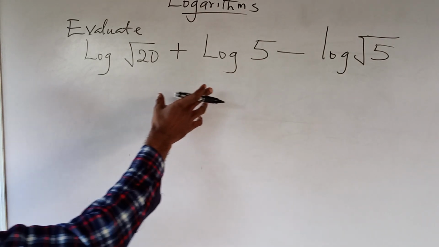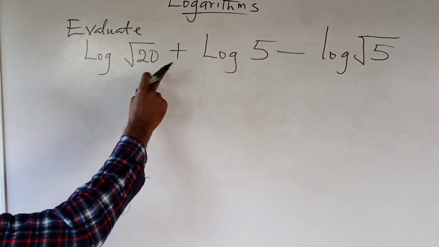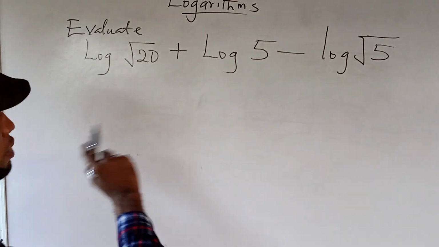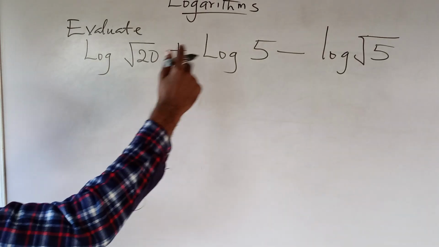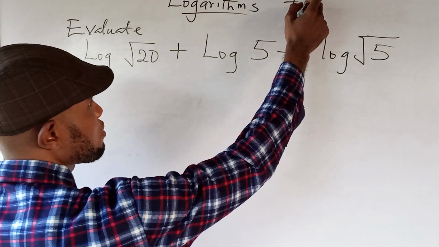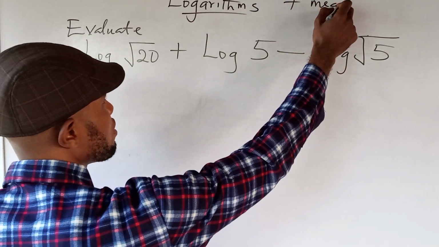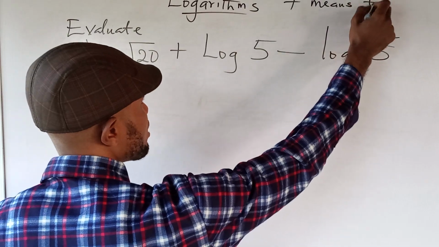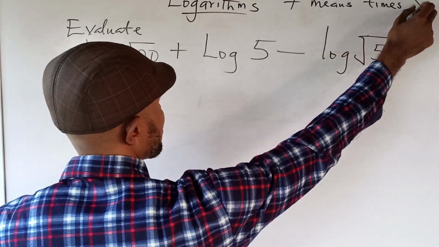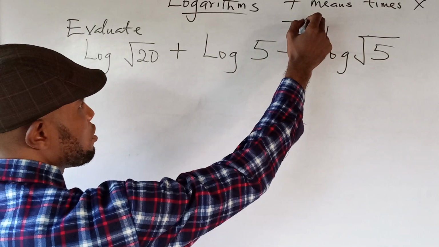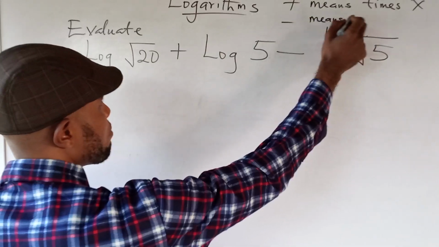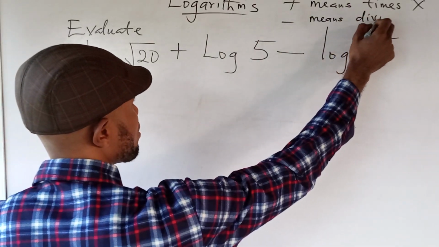Now there is a law that governs this plus and minus. Now the law is this. When you see plus, it means times. Okay, that is times. Then when you see minus, it means division.